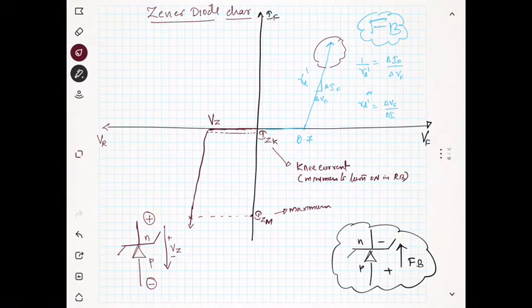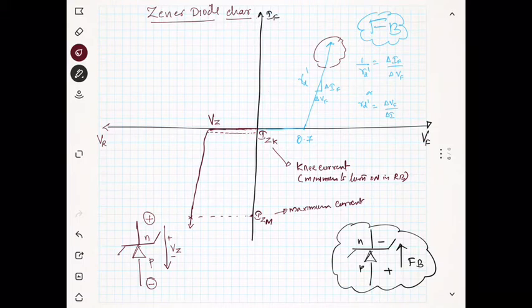This is the maximum current which can be accommodated in a Zener diode. If you pass any current above this limit, the Zener diode will be damaged. So this is the characteristics of the Zener diode.